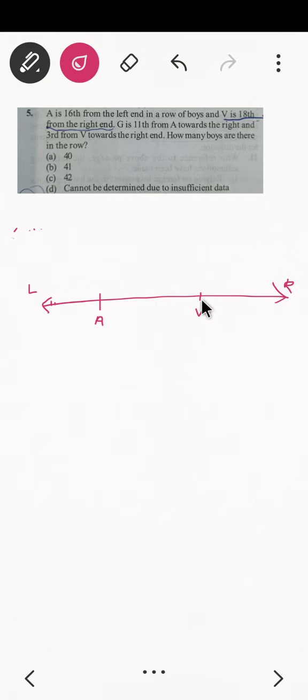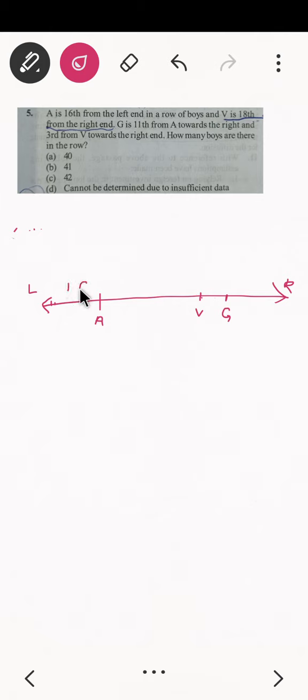So G's position is 11 from A. Since A's position is 16, G is positioned 11 from A. And 3rd from V towards the right, that means counting V as 1st, 2nd, 3rd, G is there.